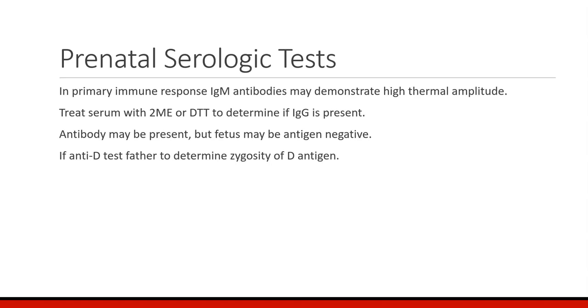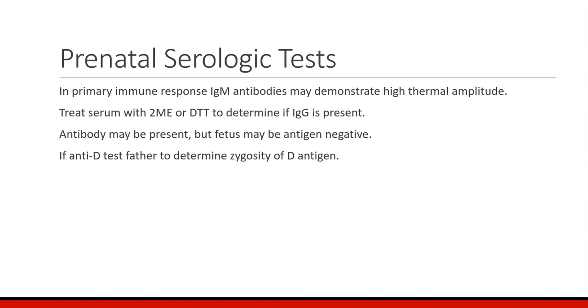And then there's a positive reaction at Coombs, but is it due to this IgM high thermal amplitude antibody, or does the patient have both IgM and IgG, since we've transitioned over to the secondary immune response? So this is a case in which you would treat the serum with 2-ME or DTT, which destroys IgM class antibodies, and this allows IgG to be detected if they are present.